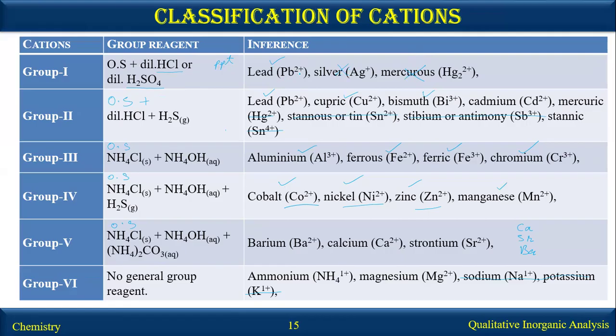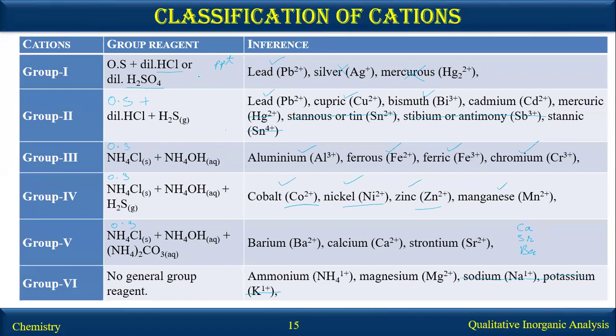Because in cation analysis, we observe the formation of precipitates in almost all the cases. But sometimes when you perform the group 1 test using dilute HCl, lead ions could be there, but they are not observed because not enough precipitates are formed.